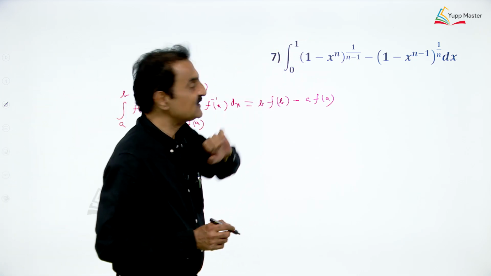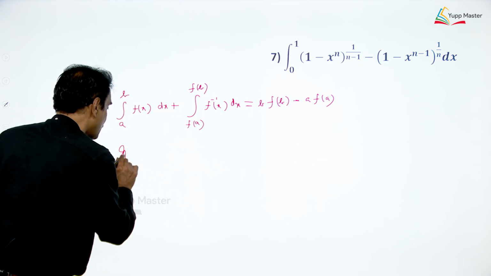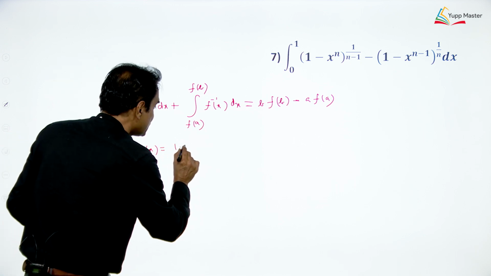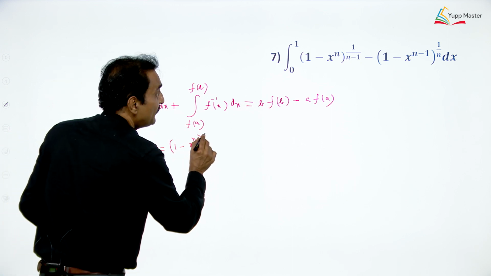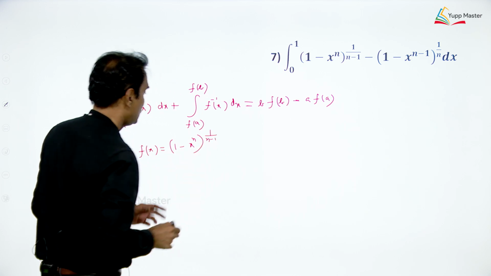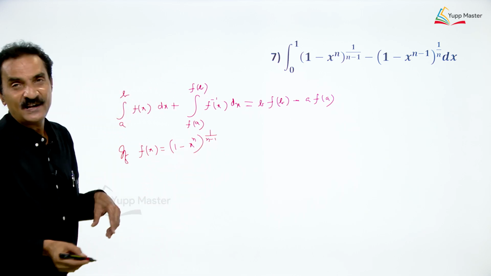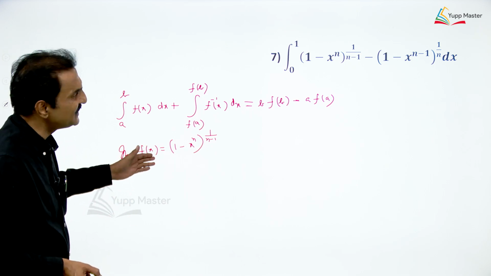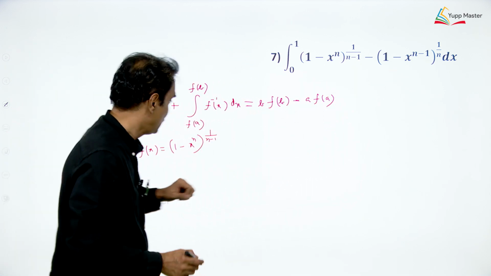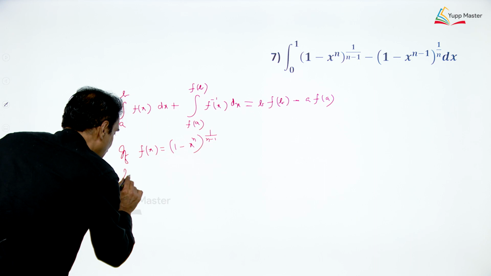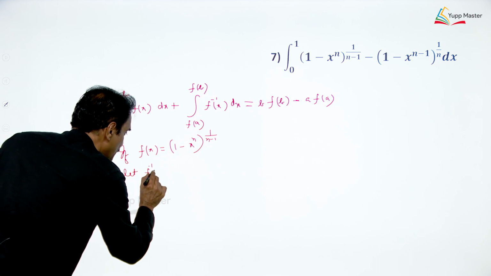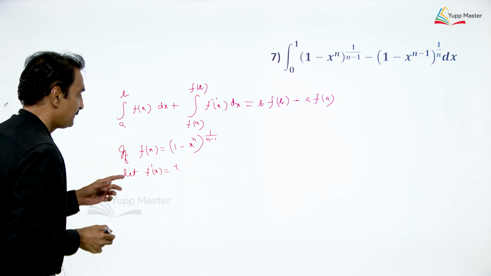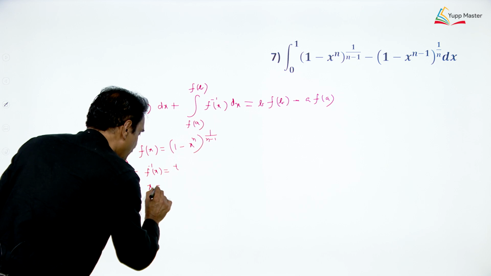If you take this function as f of x, if f of x is equal to 1 minus x power n whole power 1 by n minus 1, then let us find the inverse. How to find the inverse? And the inverse is going to be the other function. If you want, let f inverse x be equal to t. Okay. Then we get x is equal to f of t.